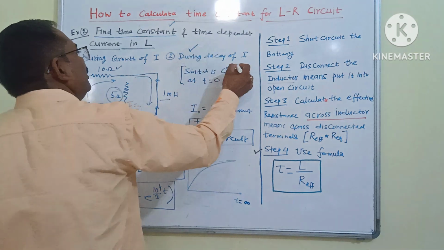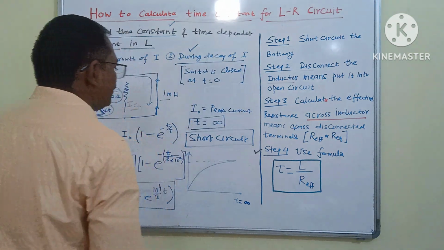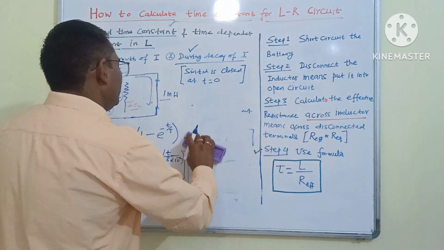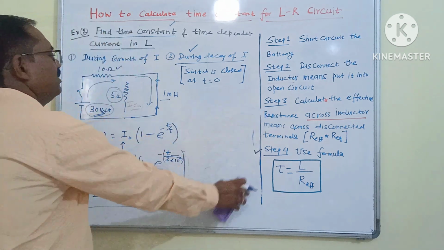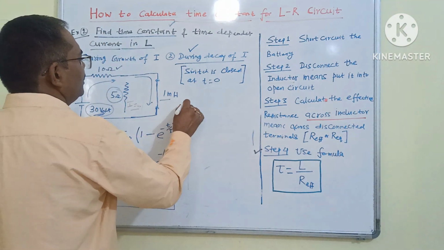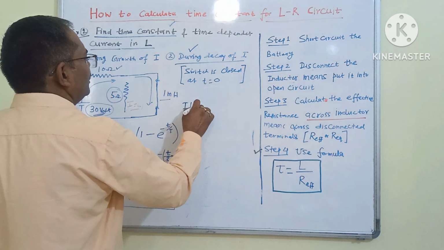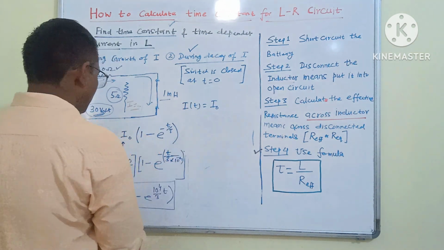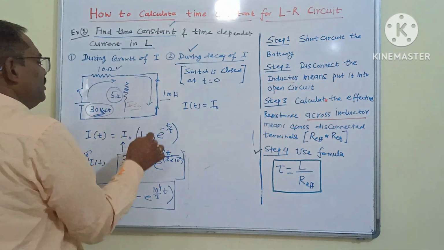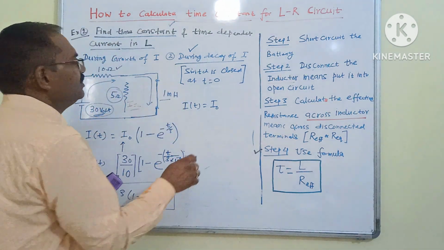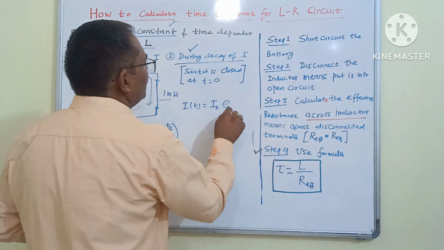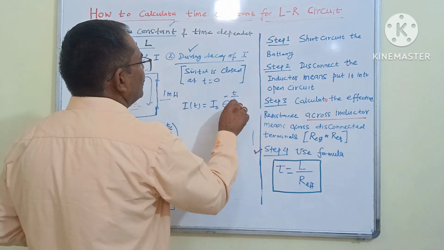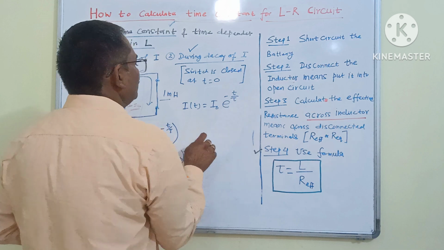Now, during decay also, we can write the equation. Transient behavior during decay is given by this equation. I(t) equals I naught, that is peak current, that would be the same when current has completely grown up, times e raised to the power minus t over tau.